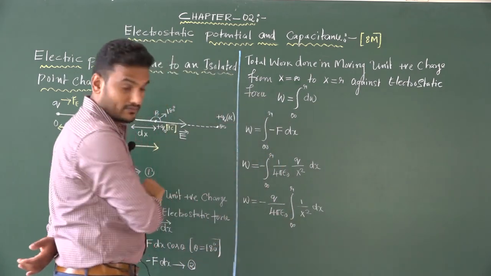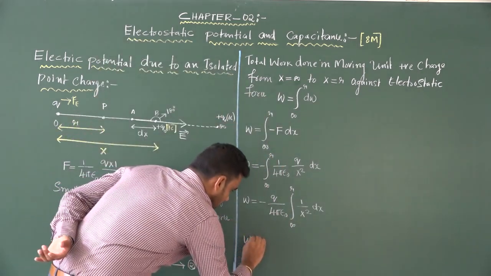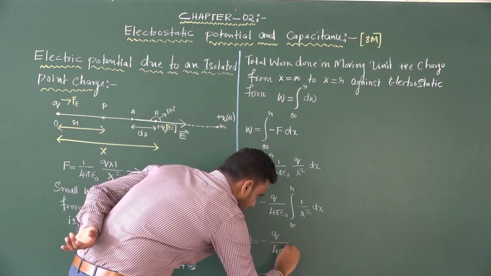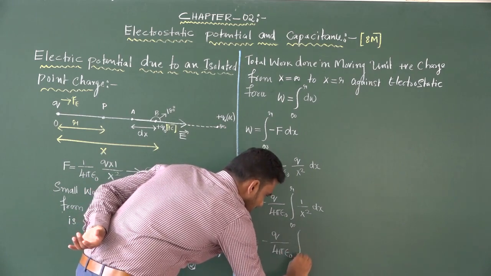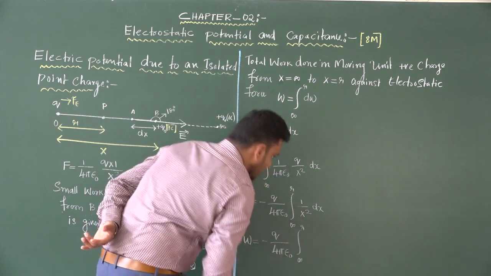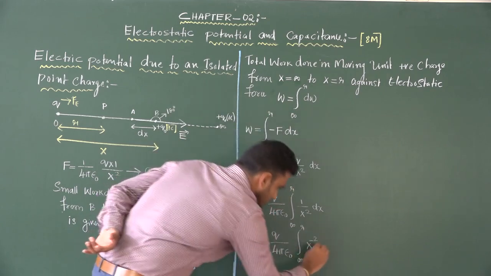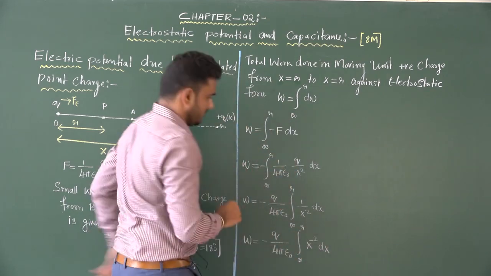Again I am doing some simplification. W is equal to minus Q divided by 4 pi epsilon naught, integration from infinity to r, of 1 over x squared, which can also be written as x to the power of minus 2, into dx.